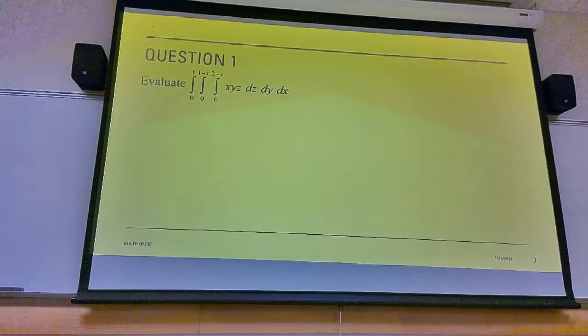You start with your innermost first, and then work your way out. So in this case, we start with the integral with respect to z. The antiderivative of x, y, z with respect to z.